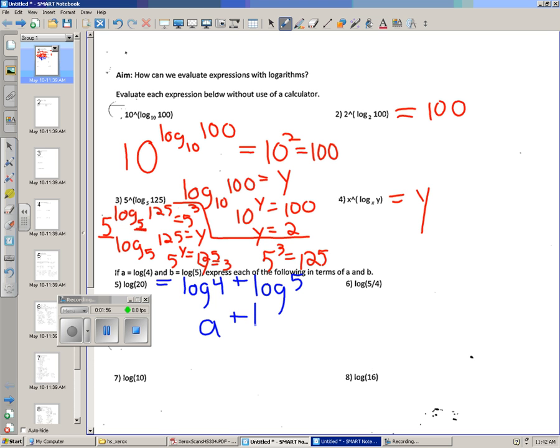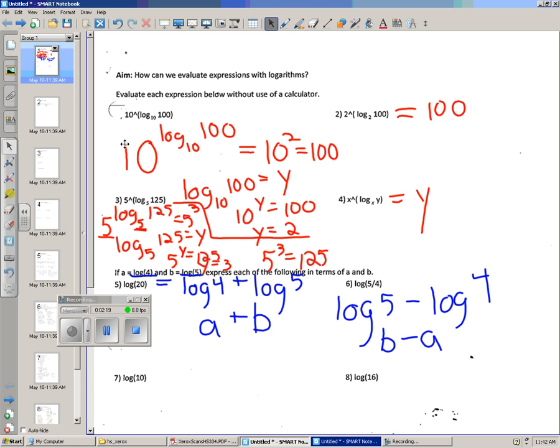So this is really the same as a plus b. In each of these examples, we're going to try to rewrite the log using log 4 and log 5. For log of 5 divided by 4, that's really the same as log of 5 minus log of 4, which is really the same as b minus a.